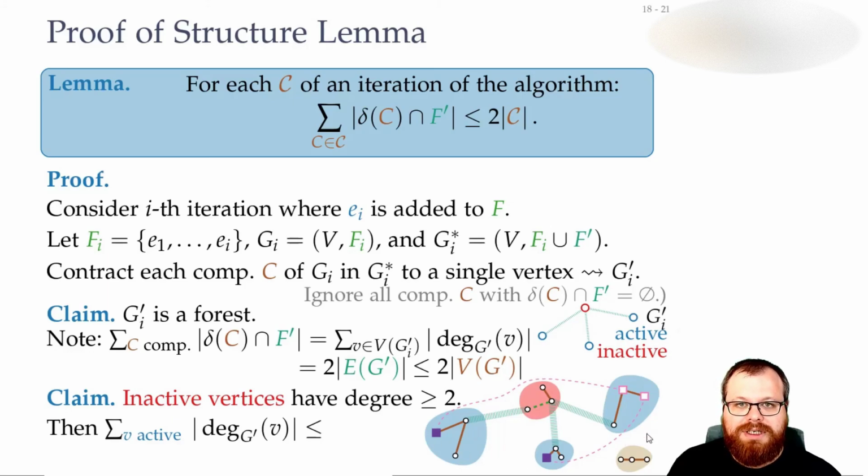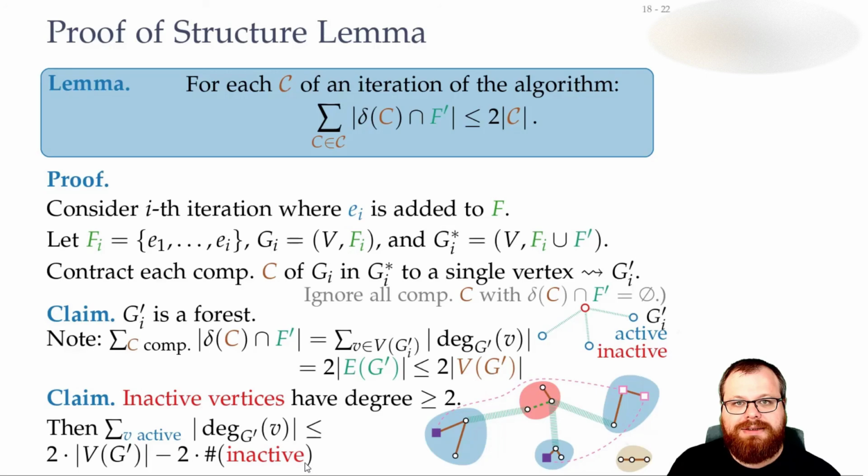So the sum of the degrees of the active ones is at most the total sum minus 2 times the number of inactive ones. So we have 2 times number of vertices minus inactive ones, so 2 times number of active ones. And the active vertices are exactly our set C, so this is exactly 2 times the size of this set. And this proves the structure lemma.